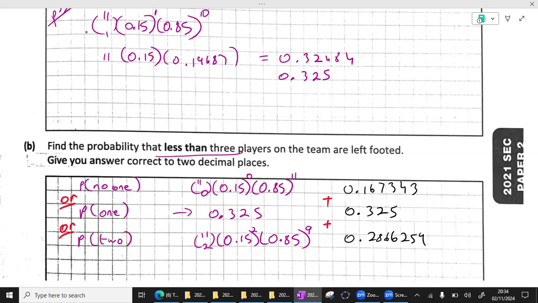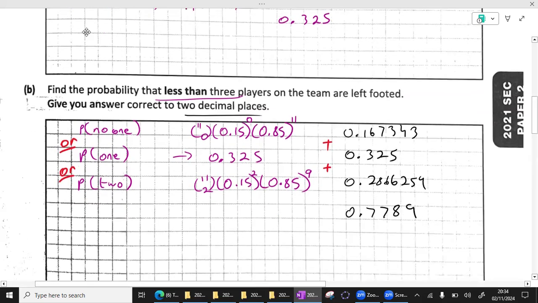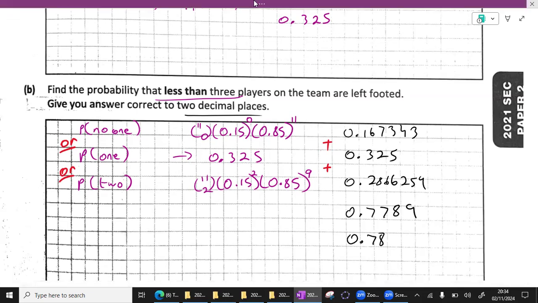And now we add them up. 0.286629 plus the 0.325 plus 0.167343. That comes out to be 0.7789. Now this time it's 2 decimal places, so 0.78. And that's the first 2 done.